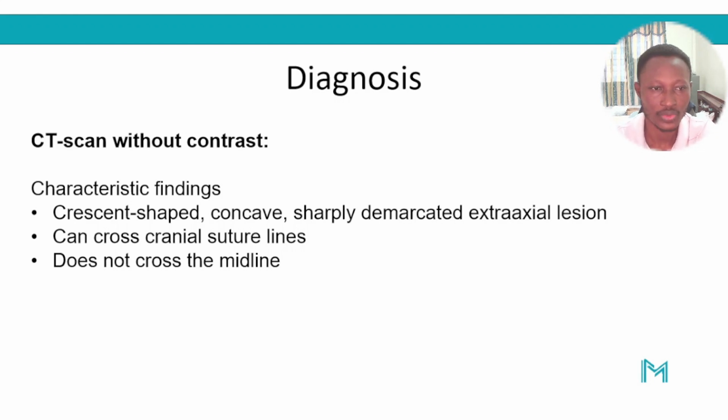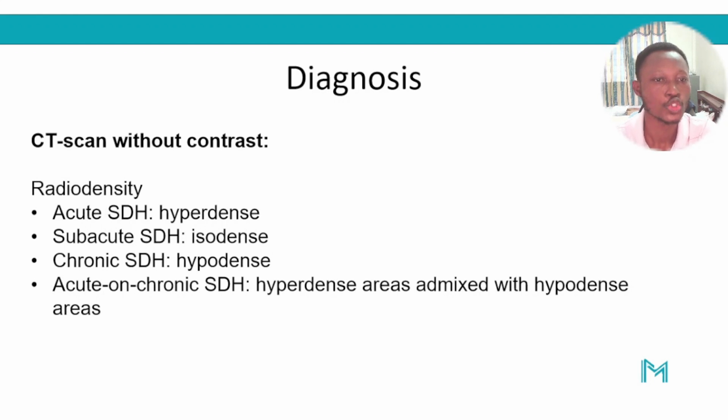So now let's talk about the radiographic density of these lesions based on the chronicity or the type of SDH. For acute SDH, they are typically hyperdense lesions. Then for subacute, you have isodense lesions.